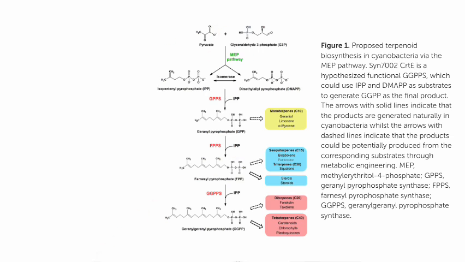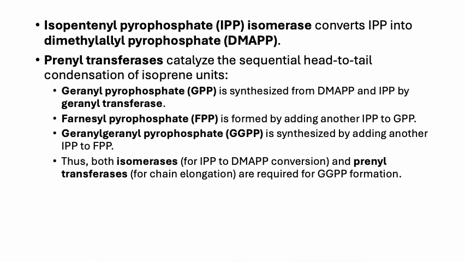What we are looking at is IPP, which is isopentenyl pyrophosphate, that gets converted into dimethyl allyl pyrophosphate.